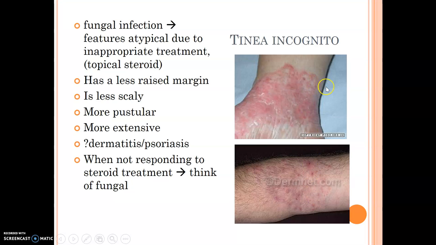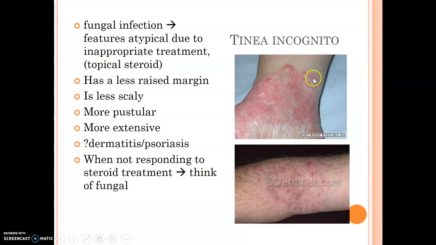But the feature probably in tinea infection is that the border is usually well defined. And you can see there some scales, silvery-like scales. So that could be a clue that this is tinea infection.